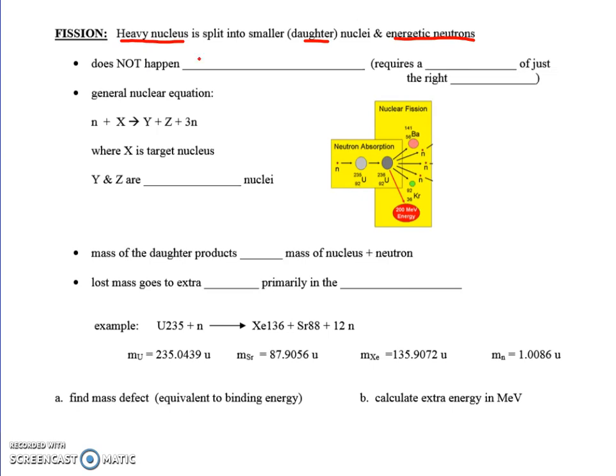This is not something that happens spontaneously. You have to go out of your way to make fission occur. There has been one recorded instance somewhere in Africa where a natural phenomenon was shown to be a fission process, but it's very, very rare.